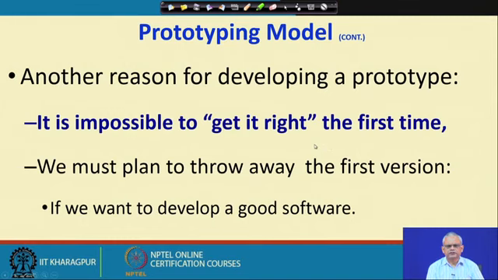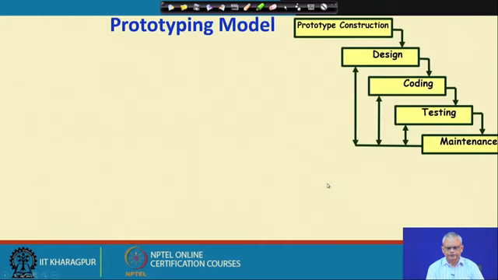The first development is actually a lot of learning, rework and so on, and based on the experience, if the actual development starts, then it becomes easy and good quality software can be obtained. And that is the reason why many experienced developers say that we must plan to throw away the first version if we want to develop good software.